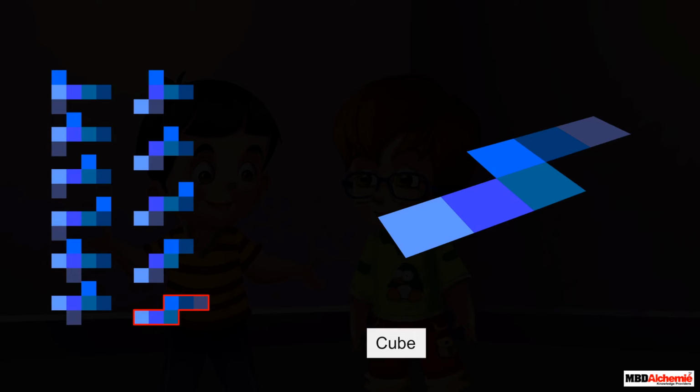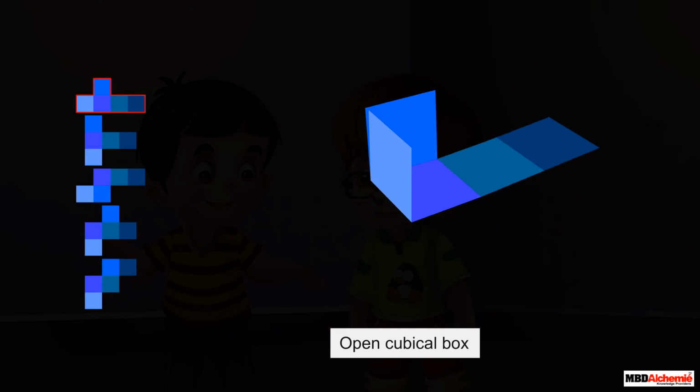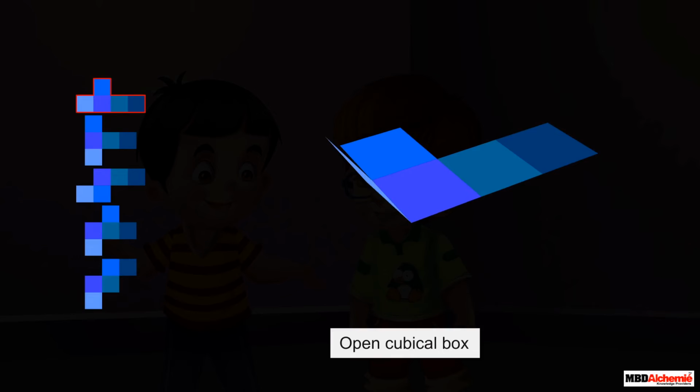All the other nets that are made up of 6 squares don't make a cube. Similarly, there are 5 ways to unfold an open cubical box.